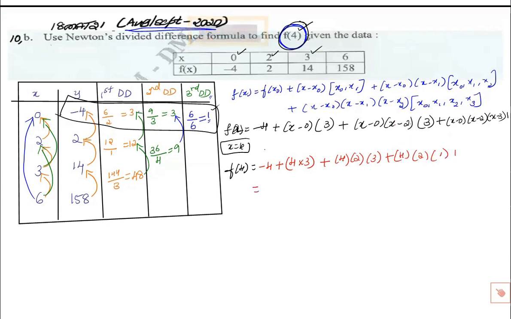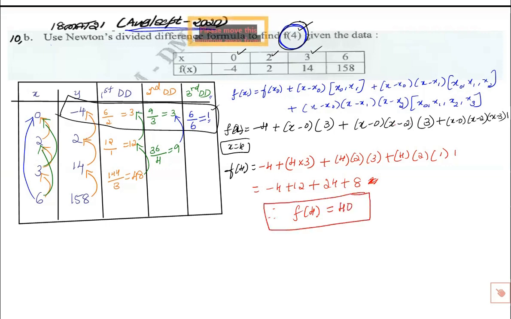So the answer will be minus 4 plus 12 plus 24 plus 8. So we will get 40 as the final answer. Therefore, f of 4 is equal to 40 is the final answer.